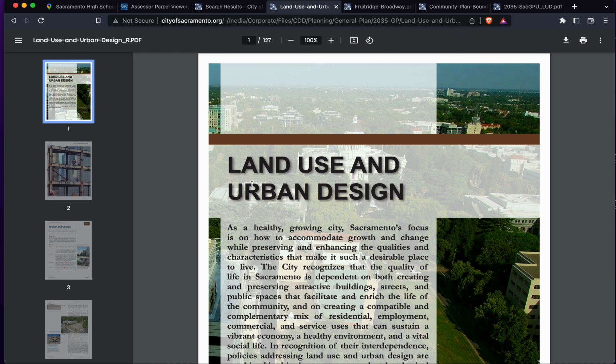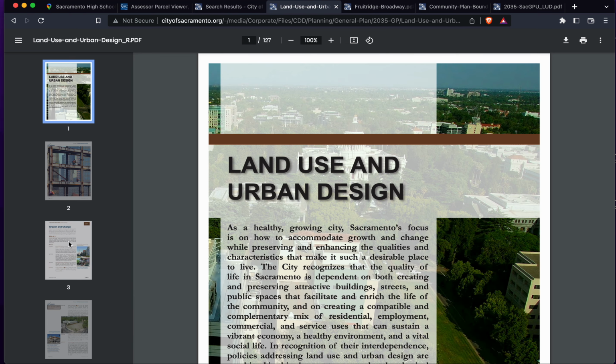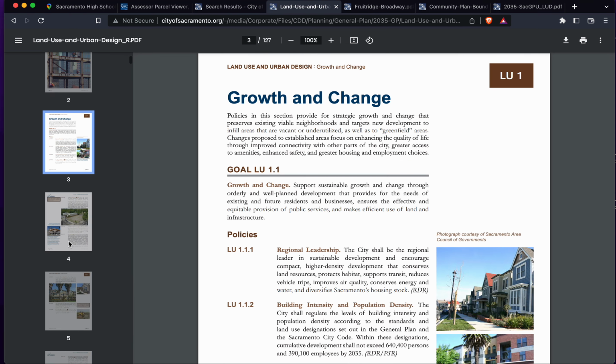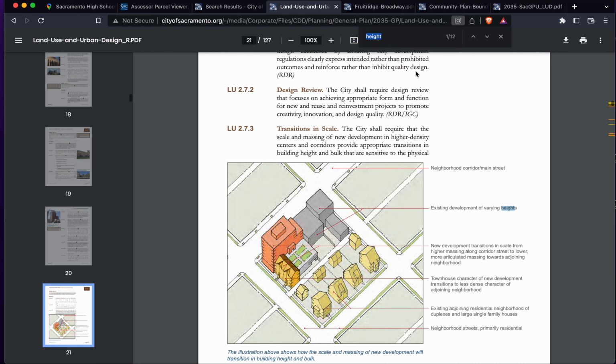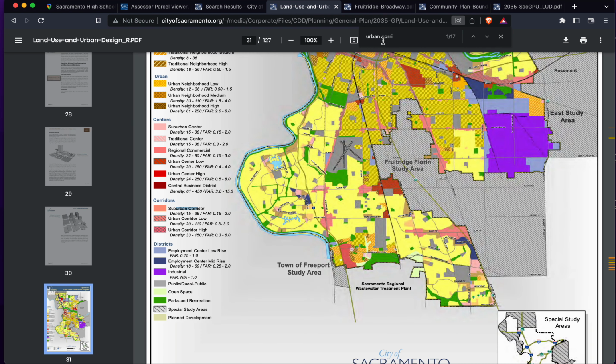So here's land use and urban design, and as we said before, we are looking for guidelines on urban corridor low. So we're looking for urban corridor low. Now you could always do a search by pressing Control F, and you wanted to find urban corridor low.